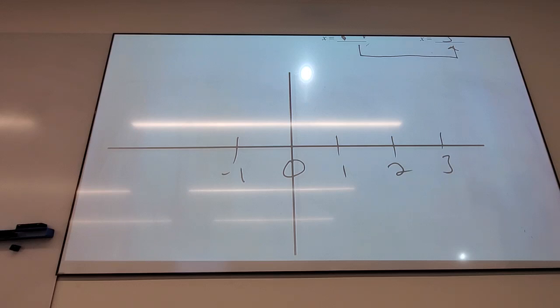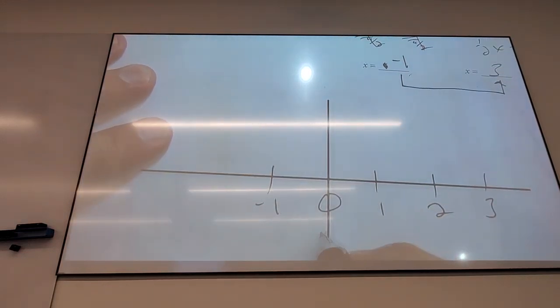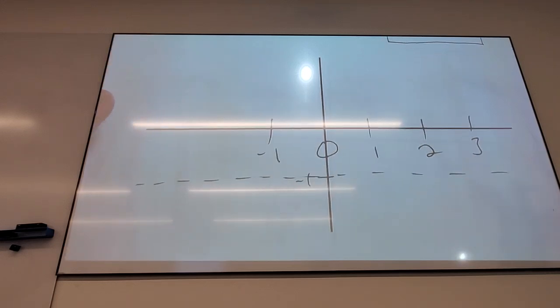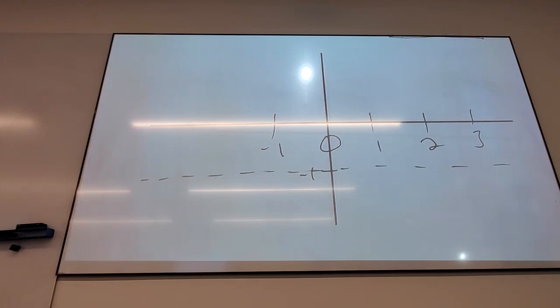I'm going to apply the downshift at the beginning. So where's my new midline now? We already said this. Yeah, so at -1, I'm going to put a little, it's not an asymptote, but it's just kind of like my midline. You with me? Usually it's the x-axis. Now it's not, so I just want to give myself something visual to look at.